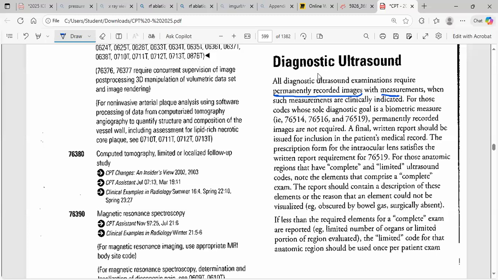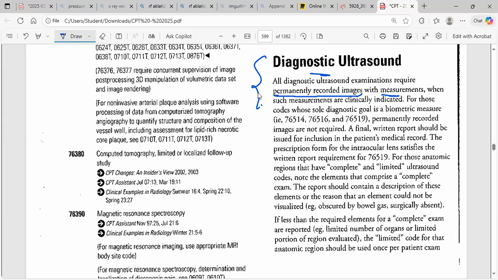Then only you are going to bill the diagnostic ultrasound. If doctor just did the ultrasound but missed to save these images or the measurements permanently, then we are not going to bill the diagnostic ultrasounds separately.